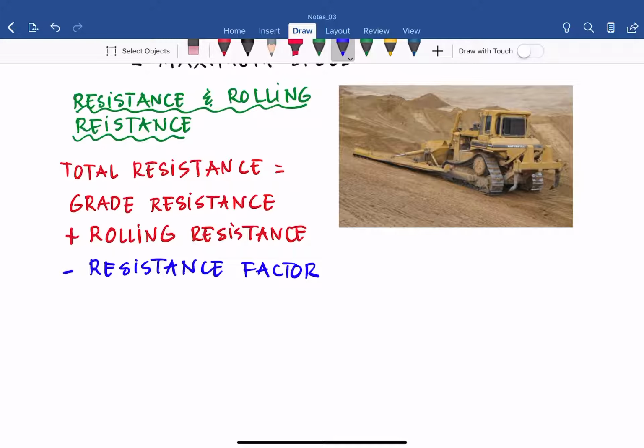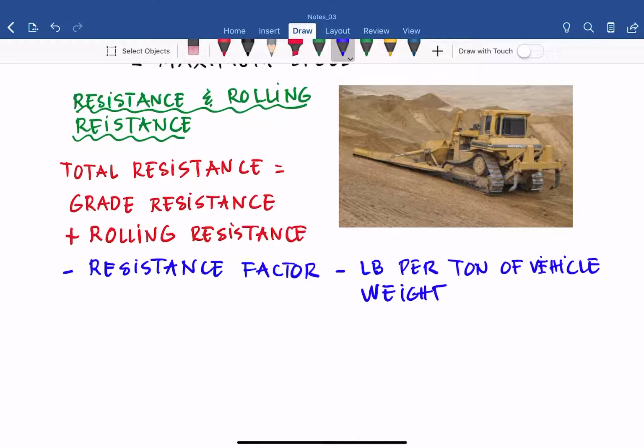I just use one here, the foot-pound system. It is measured in pounds per ton of vehicle weight. So that's the resistance factor.